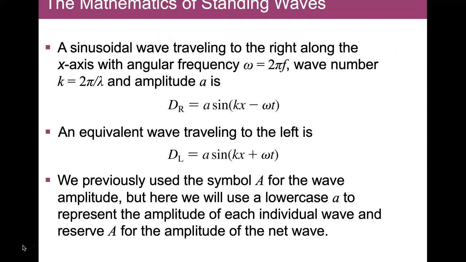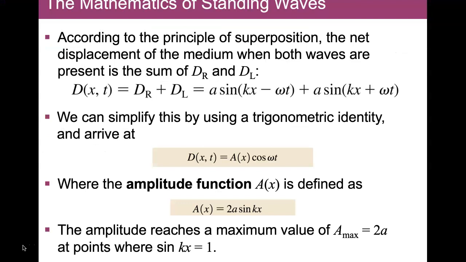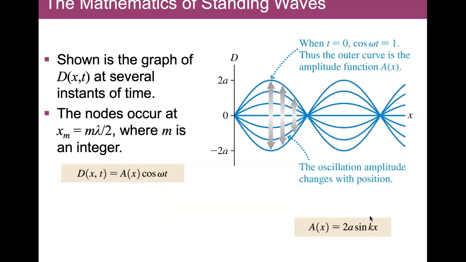Right, so that's basically what we derived. We have this position-dependent amplitude, and its maximum is, of course, 2a, twice the amplitude of the components, the two traveling waves that make up this standing wave. That's just the math of how this pattern emerges.